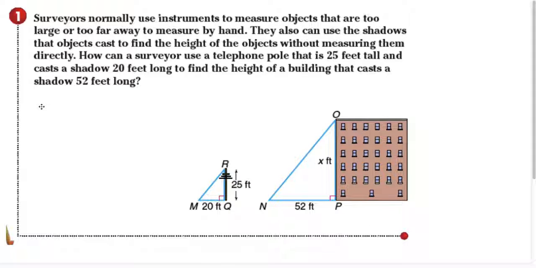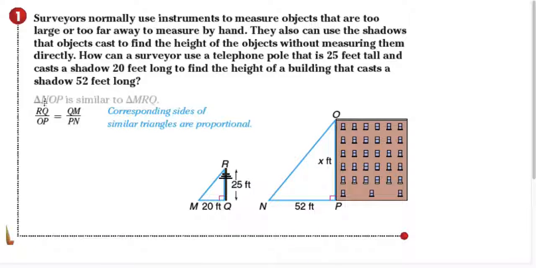So in this case, triangle NOP is similar to MRQ. And knowing that they are similar, that means side RQ corresponds to side OP, and side QM corresponds to side PM.